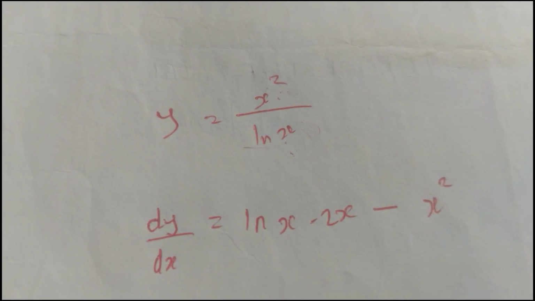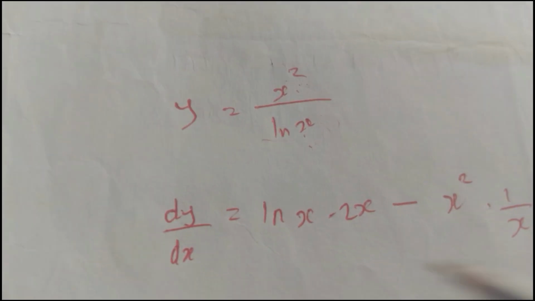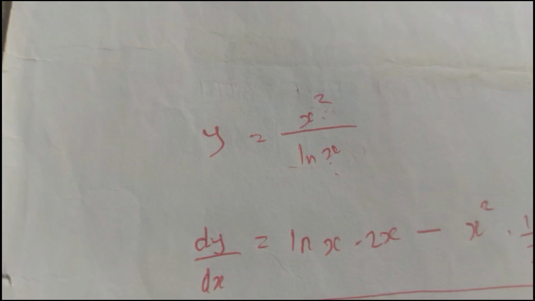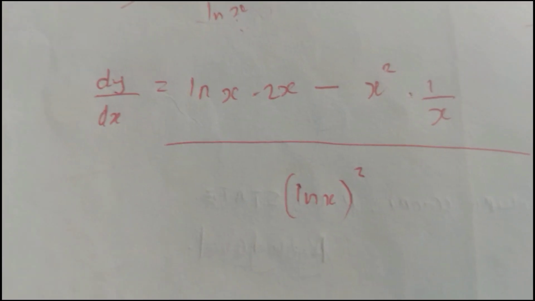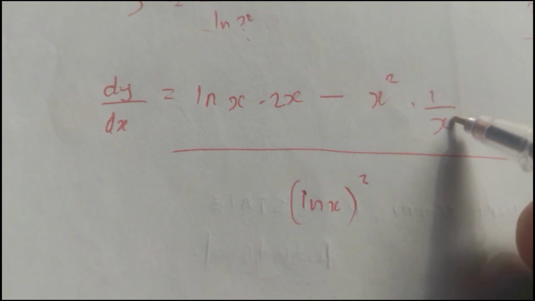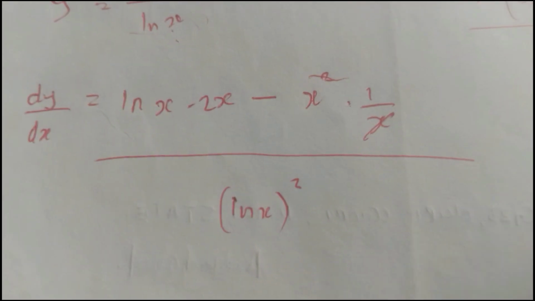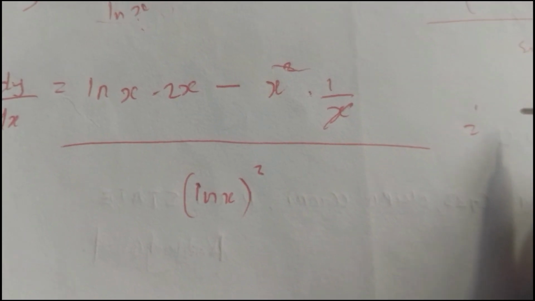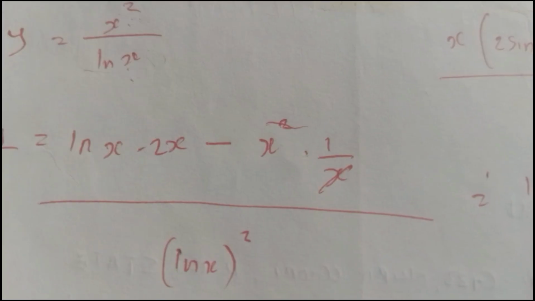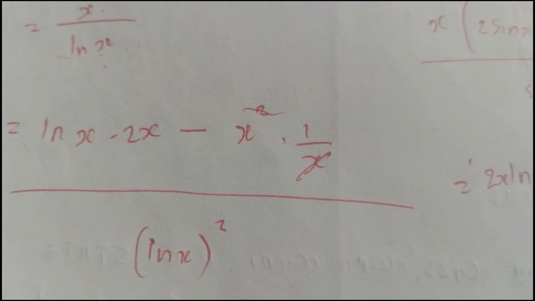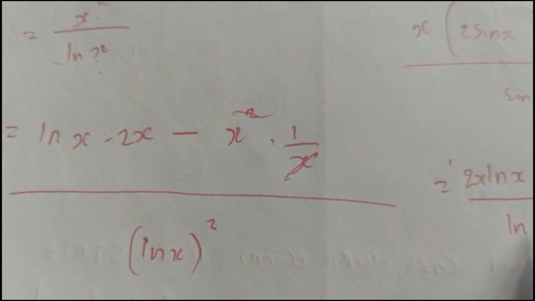Derivative of ln x is 1 over x. That is the standard. All over ln x squared. Alright? You notice that this will cancel 1 from here, right? So we are now having 2x ln x minus a single x all over ln x squared.